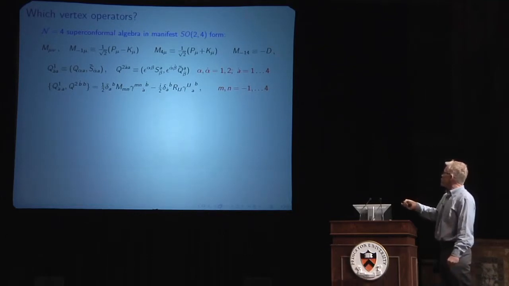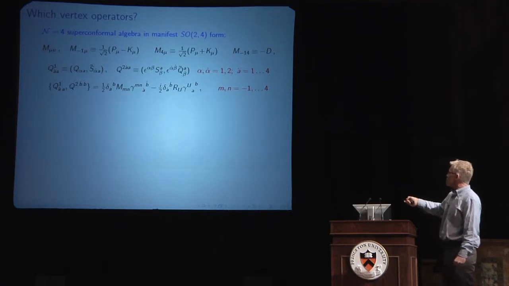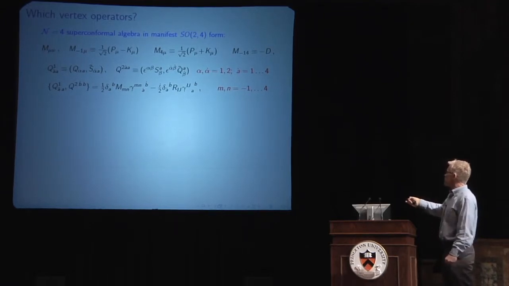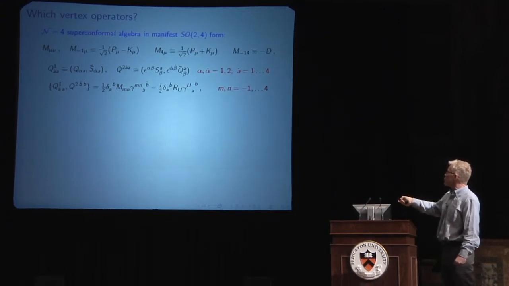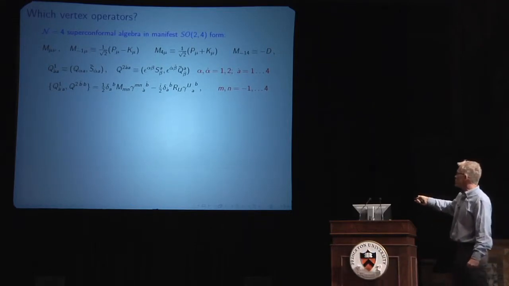Then for the super generators, I'm going to collect half of the super Poincarés, the Q's, and half of the superconformals, the S tildes, and combine that into one SO(2,4) spinor, which I'll call Q1. And then I'm going to take the other half of the generators and combine them into the other SO(2,4) spinor, Q2.